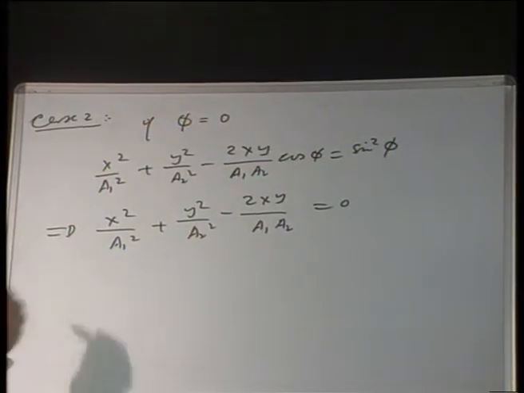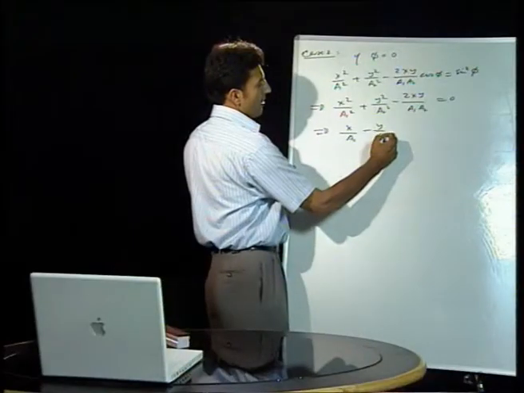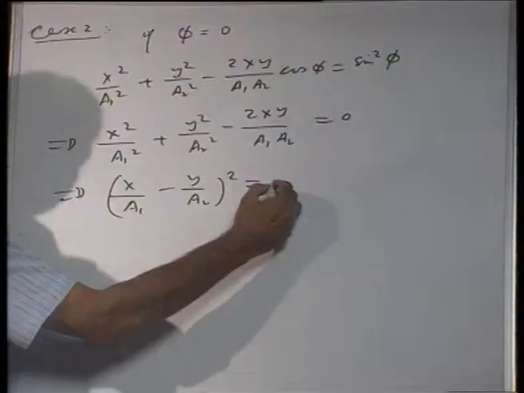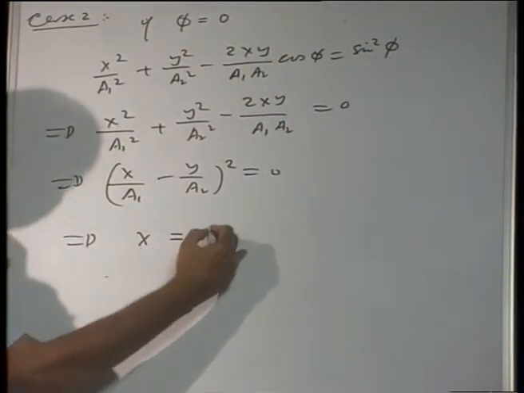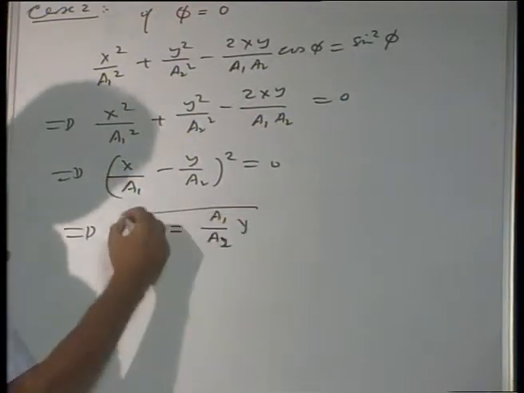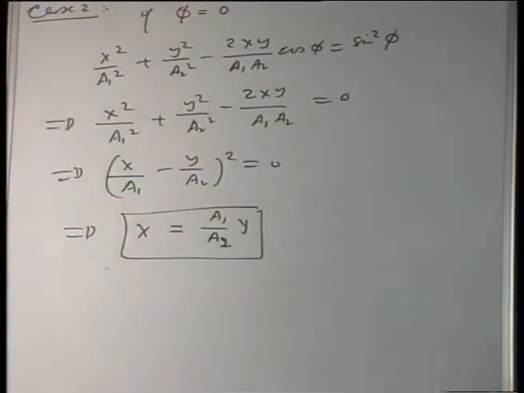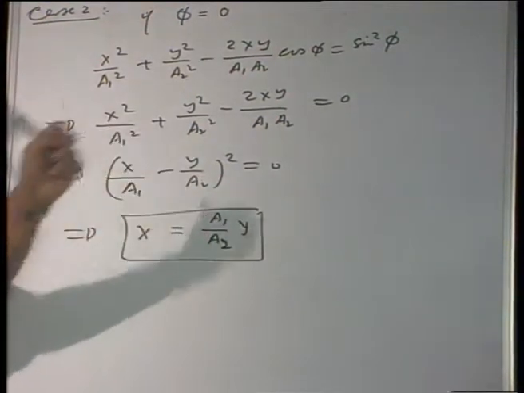So in this case we can write it is x by A1 minus y by A2 whole square is equal to 0. That implies x equal to A1 by A2 y. What does this equation indicate? This equation indicates that a particle will move in a straight line because x and y are linear.